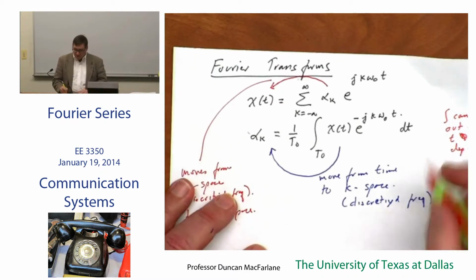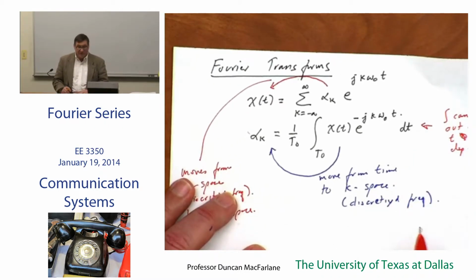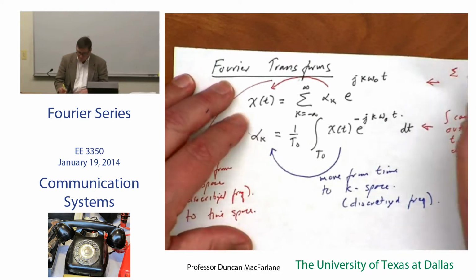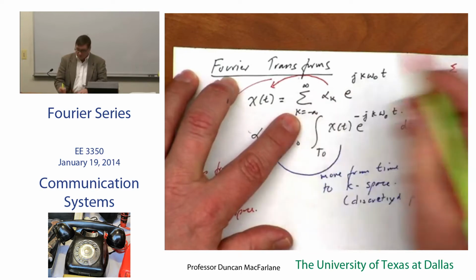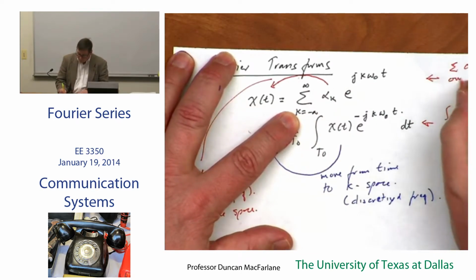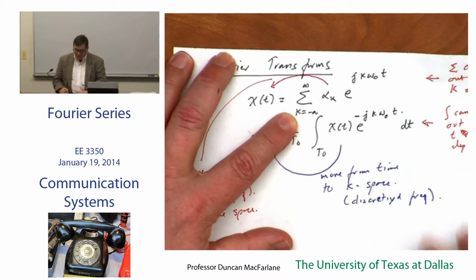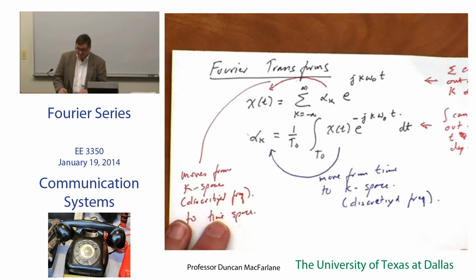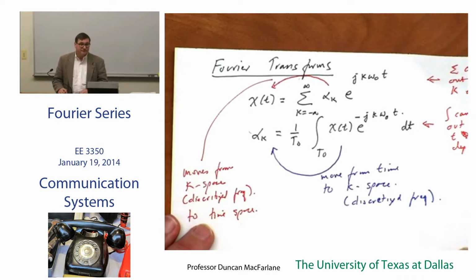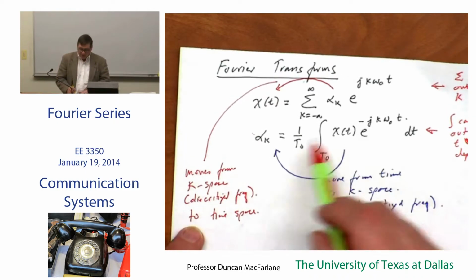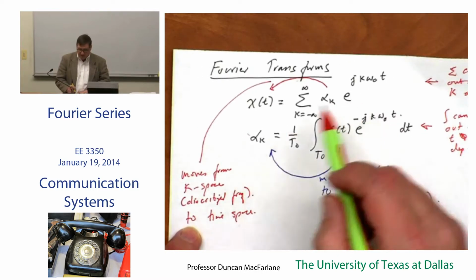So the integral cancels out all the t dependence, and here the summation, the infinite summation, I'm not sure cancels is the best word, it cancels out all the k dependence. So that's a complete, nice movement from time to frequency, or from time to k and k to time.